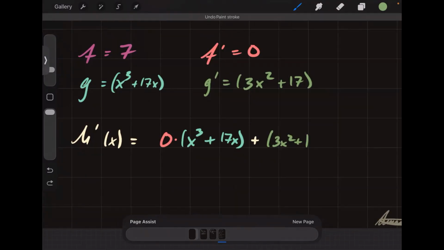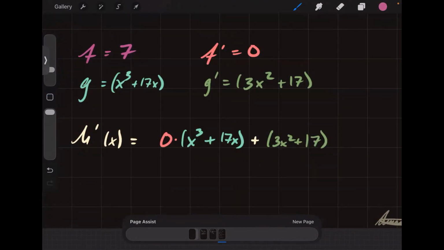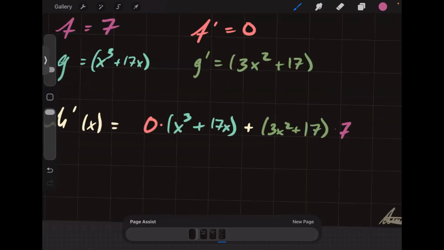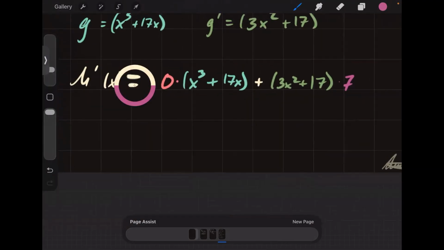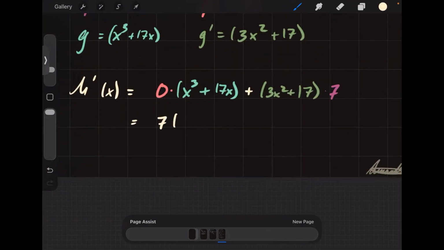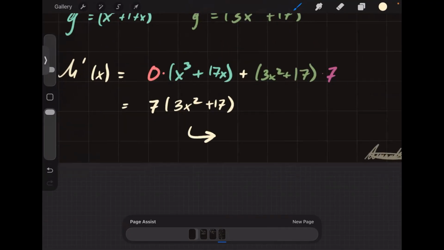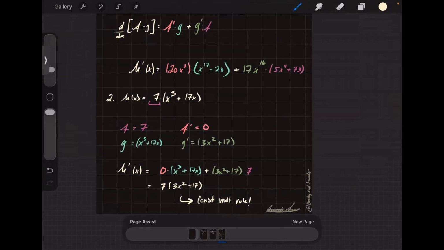Oops, that's a bad 17. 17 times f. And that is going to be 7 times 3x squared plus 17. And if you notice, this is just the constant multiple rule. Okay, nothing crazy here.